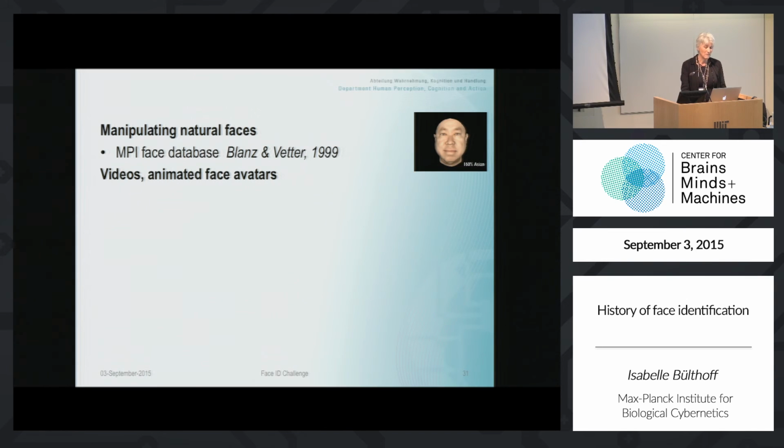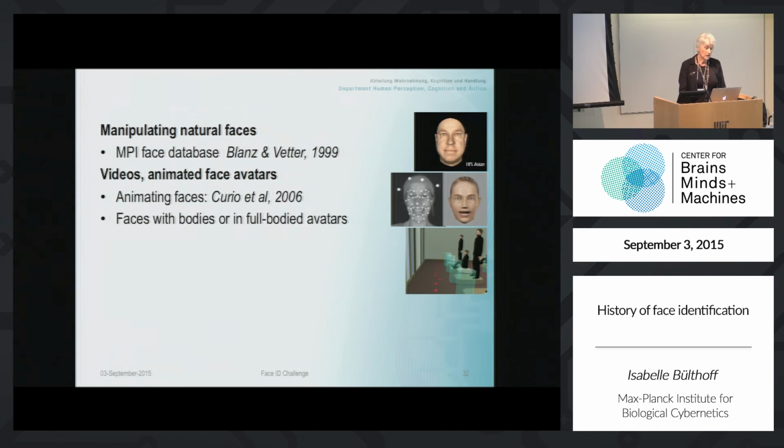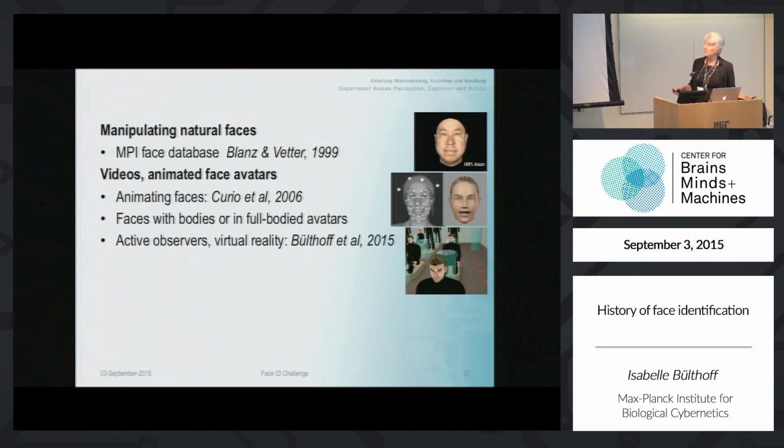Then faces can be animated, so you can show videos of real faces, but you can also animate face avatars. Here is an example of an avatar that's animated by the real motion of a real face. And you can show faces now with their bodies or together with full-bodied avatars. And by having active observers and using virtual reality, here you see what an active observer is looking at when looking at faces in virtual reality.